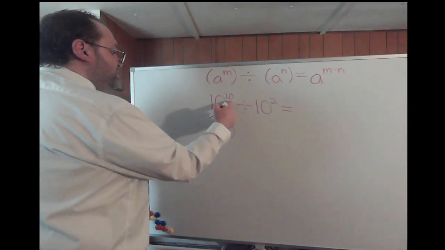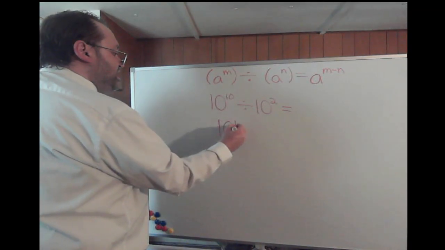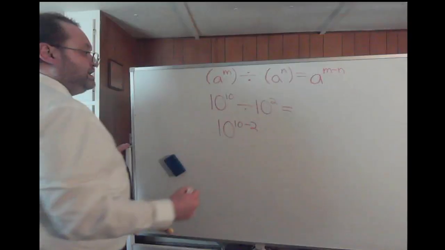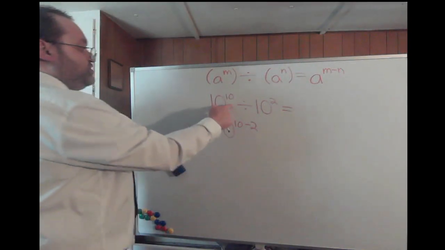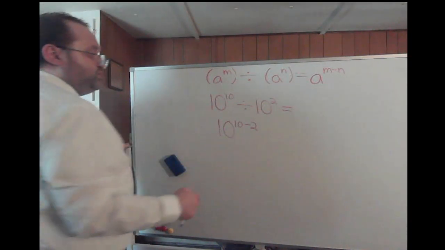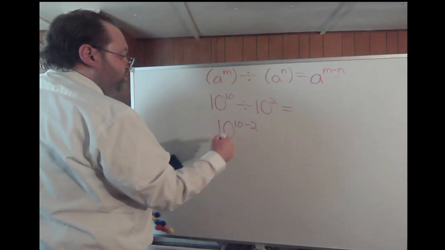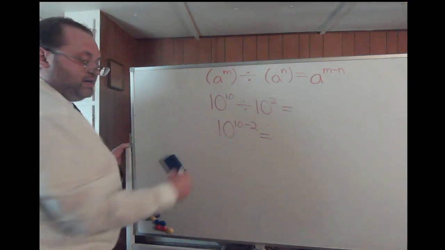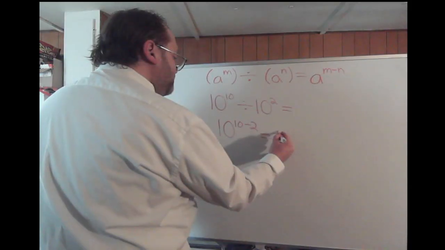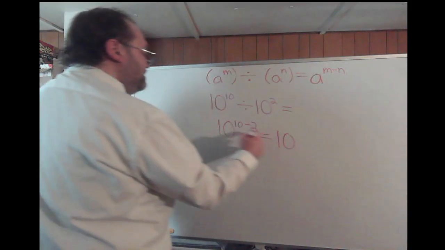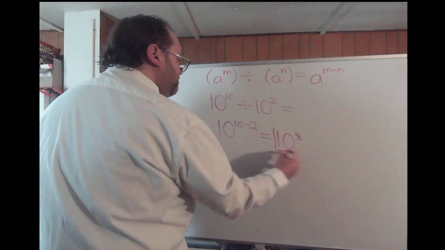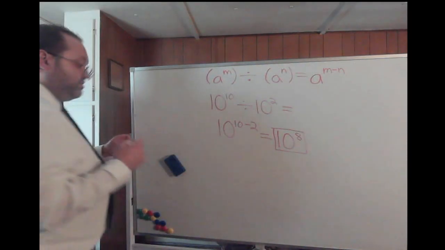Now you would take that to the 10 minus 2 power, because the 10 to the 10 is your numerator, and the 10 to the 2 is your denominator. So you would do the numerator power minus the denominator power. So you'd have 10 to the 10 minus 2. 10 minus 2 is 8. So the answer we'd be looking for here is 10 to the 8th power.